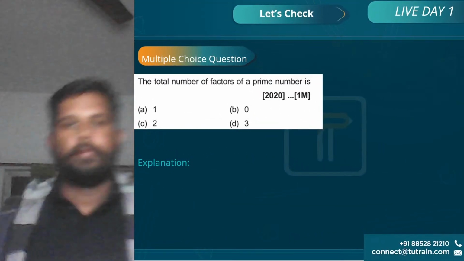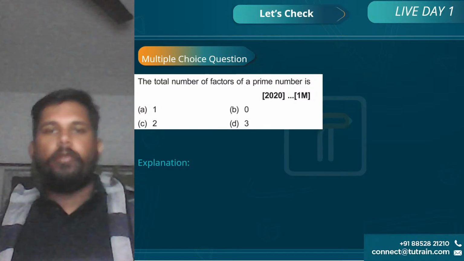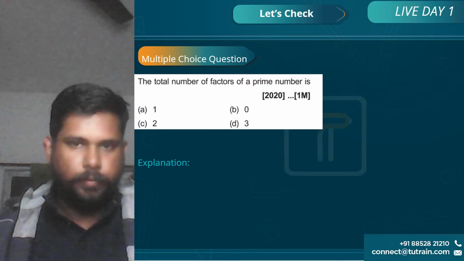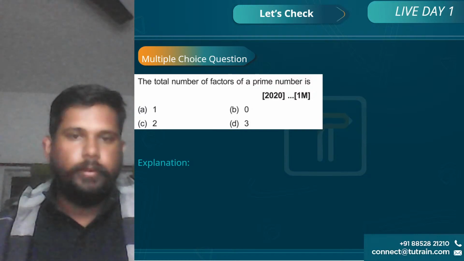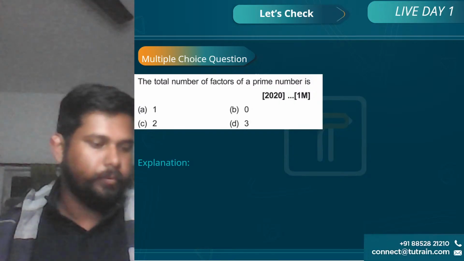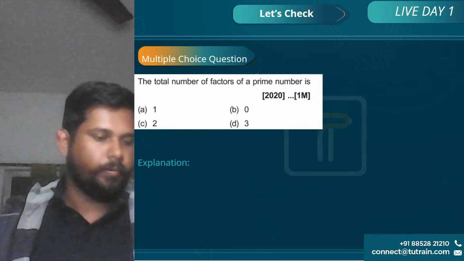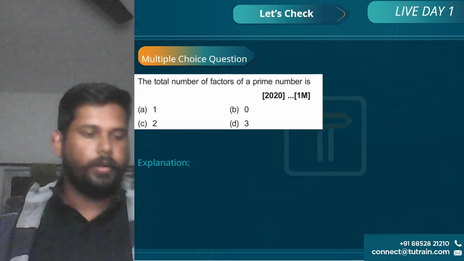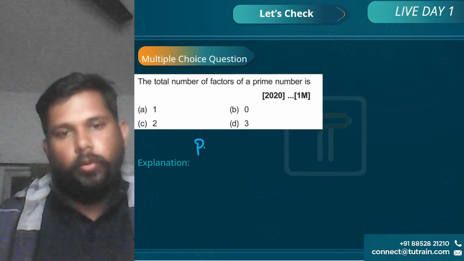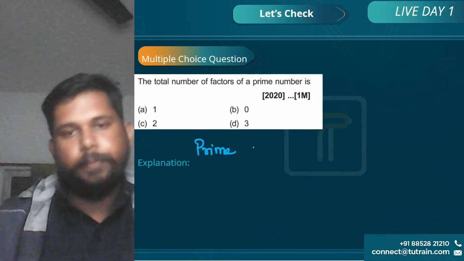Next, the total number of factors of a prime number is, the options are 1, 0, 2 or 3. Let's see. So for that, we know what are prime numbers, right?